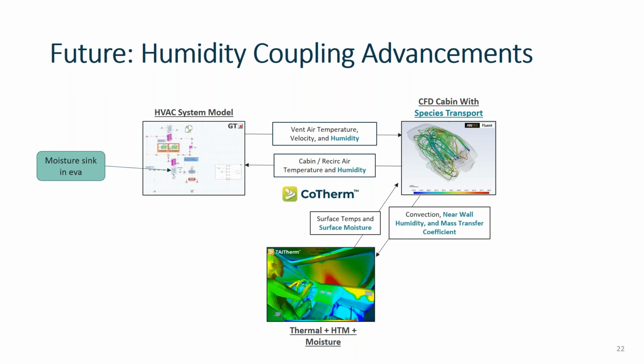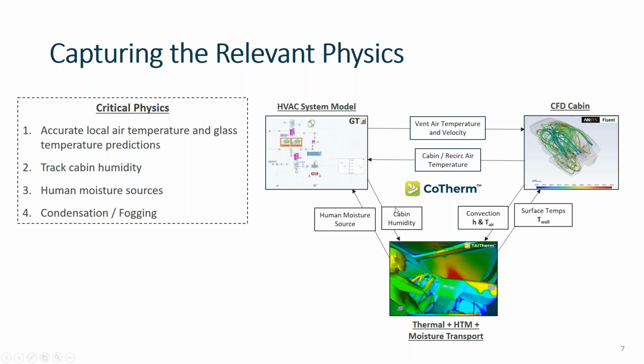Let's talk about the workflow we're actually doing here. We're doing a cabin average humidity, and we're passing that to TAITherm. You could do different things. Instead of this downstream humidity, you could pass the humidity or the moisture content coming out of the vents, for example, before it mixes with the cabin.